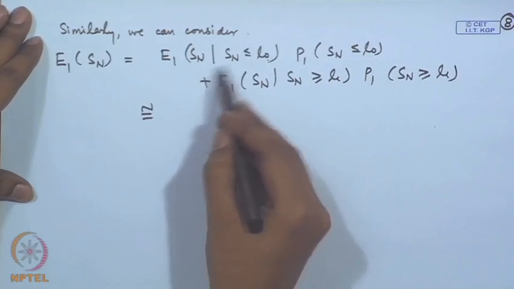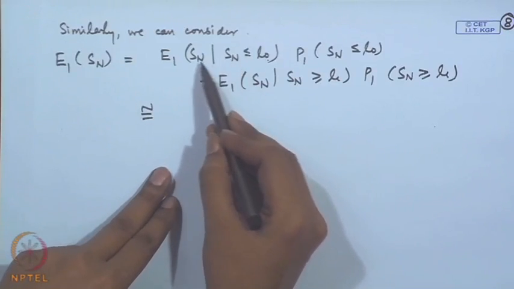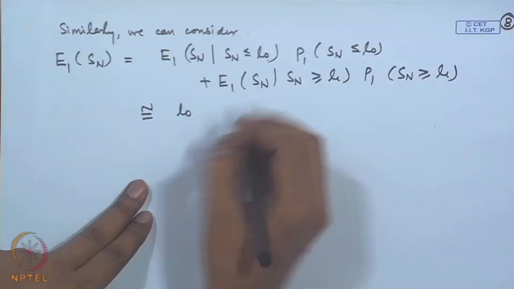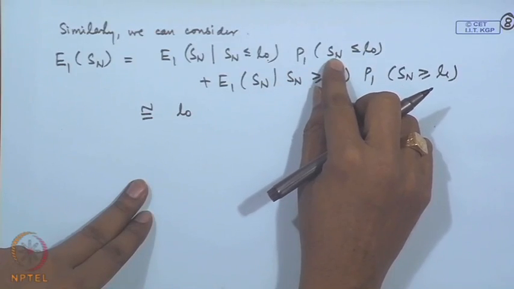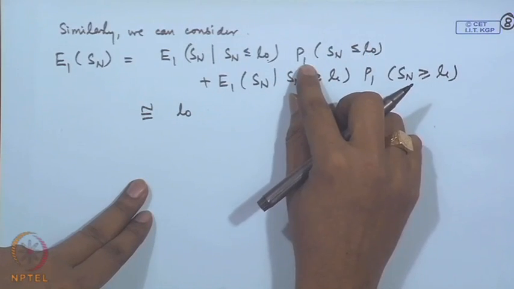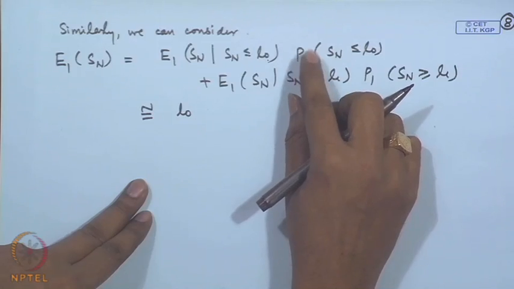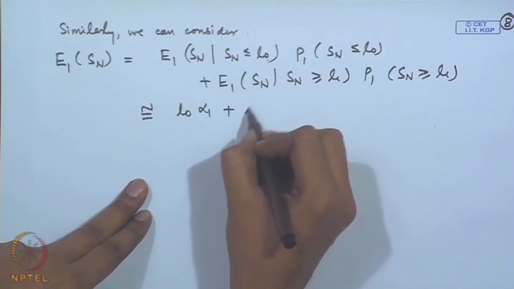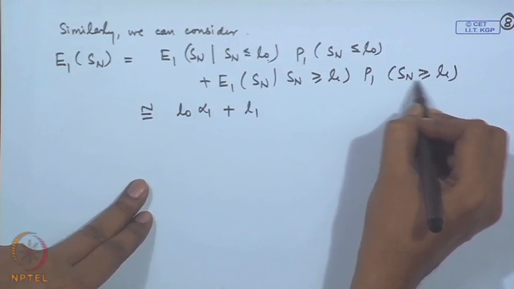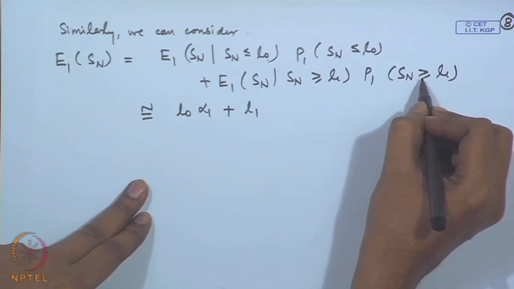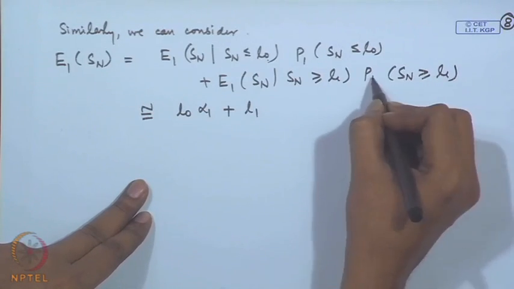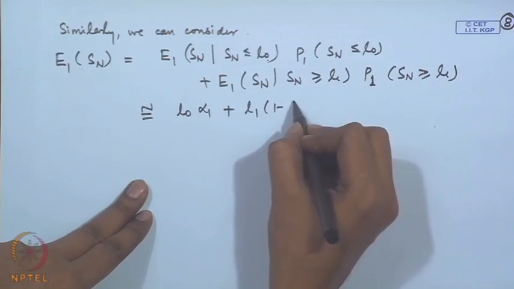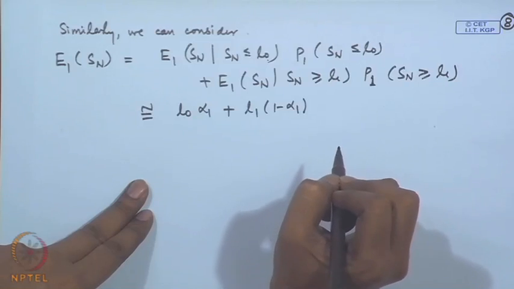Now, I will just use the previous argument that this S n we are approximating by L naught, and this is the probability of accepting H naught when it is not true, that is equal to alpha 1, plus this is approximated by L 1, and this is the probability of rejecting H naught when it is false. So, that is 1 minus alpha 1.